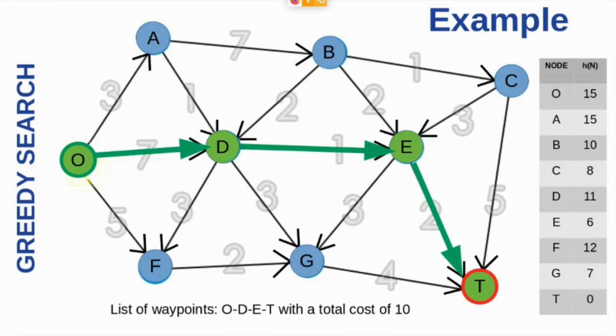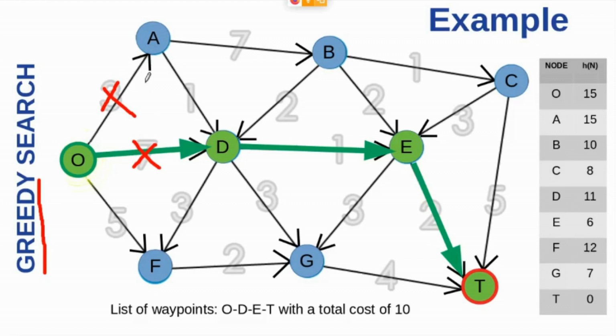Here we have the origin, and then we have three candidates, A, F, and D, right? Why? Because they are the neighbors of O. Let's check the heuristics. Remember, we are using the greedy, so forget about these costs.